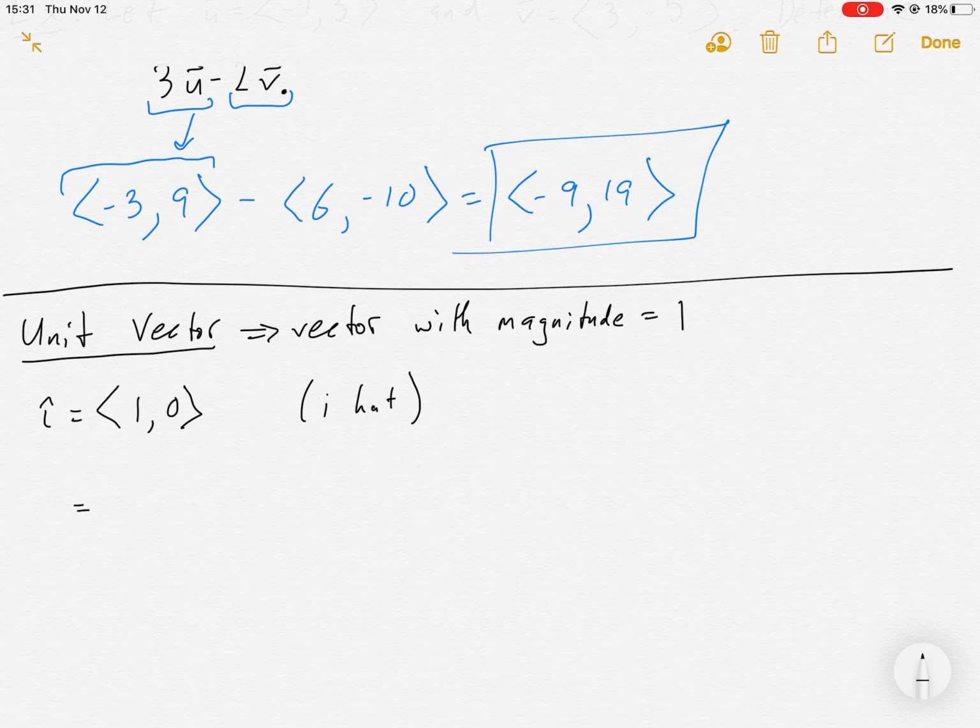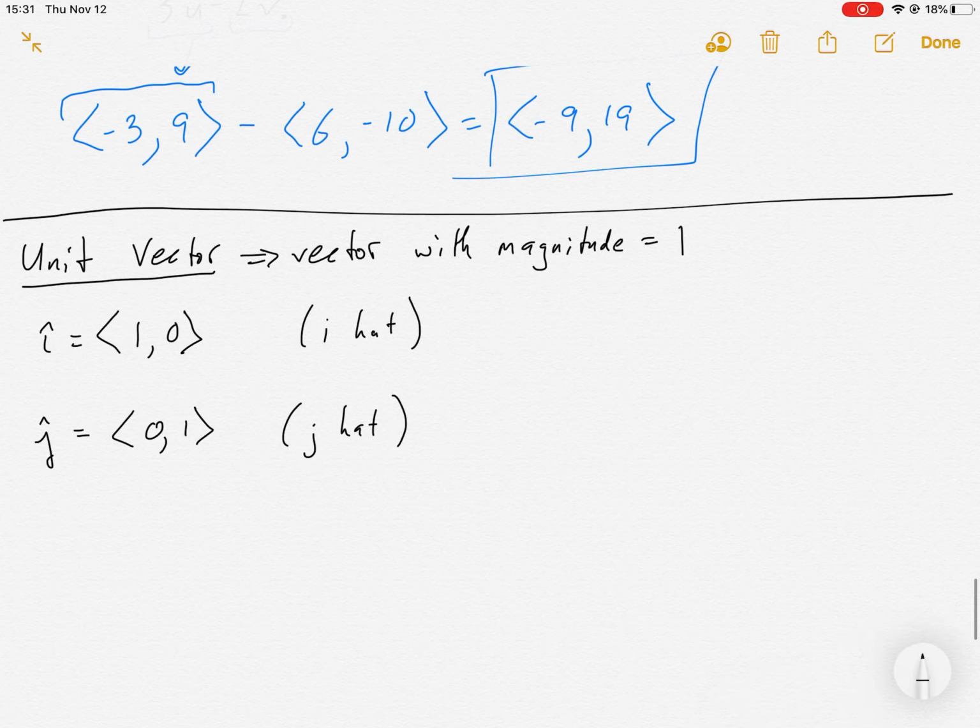And then the other one is 0, 1, and this is j hat. Now I usually use sort of cursive to write these, but you can write them normally as well. And this is just j hat.